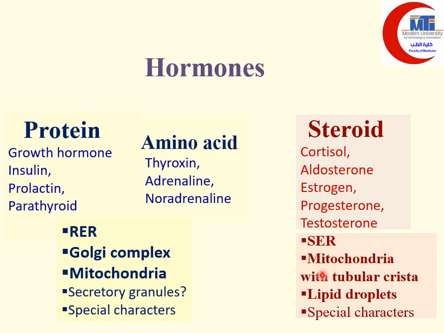The mitochondria in these cells, besides giving energy to this process, also contain enzymes that help in steroid hormone synthesis. These enzymes are present in the cristae. So the mitochondria must contain tubular cristae, and the cells contain lipid droplets to store these steroid hormone precursors inside.